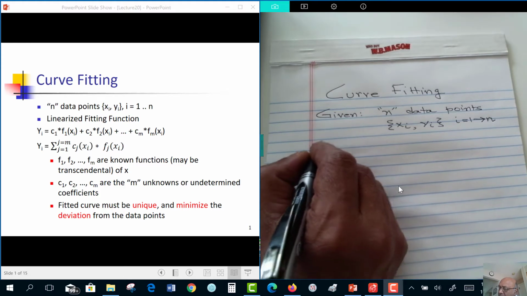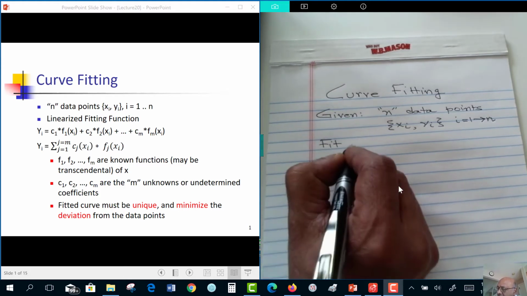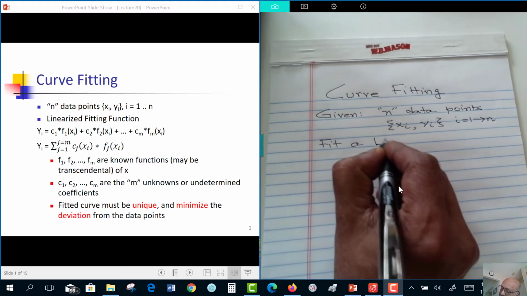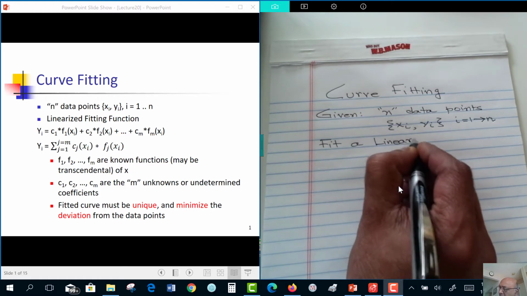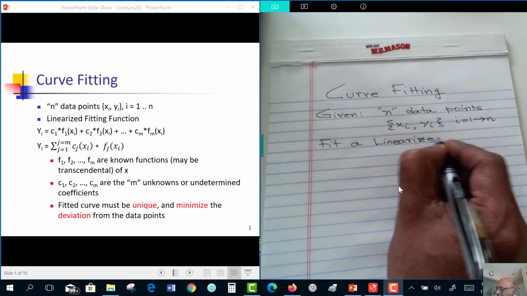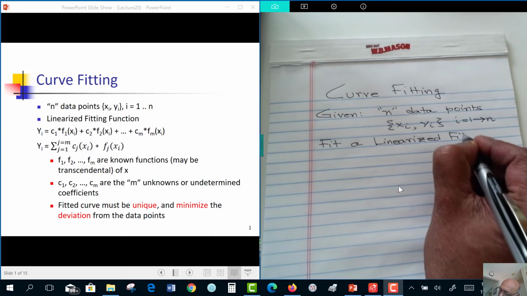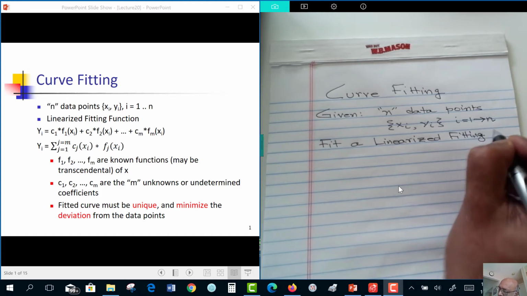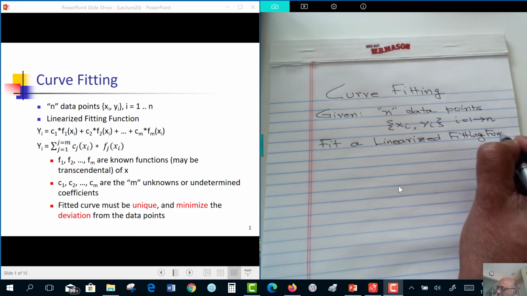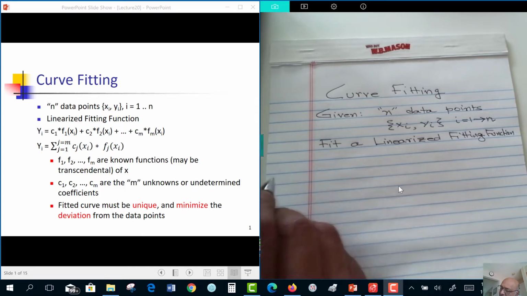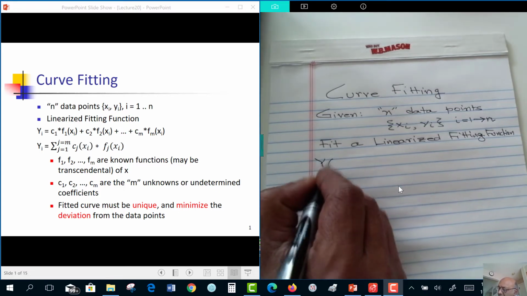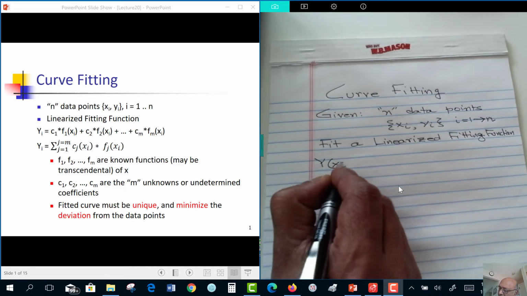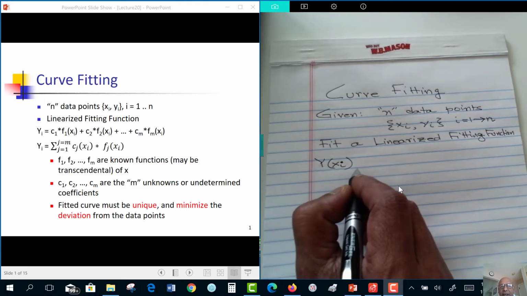And what we want to do is fit a linearized fitting function. That means we want to fit a curve y, which is a function of xi.